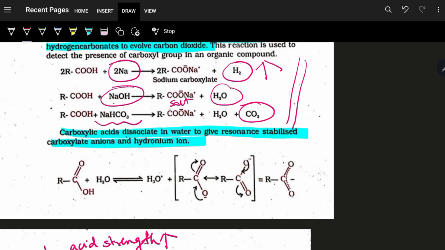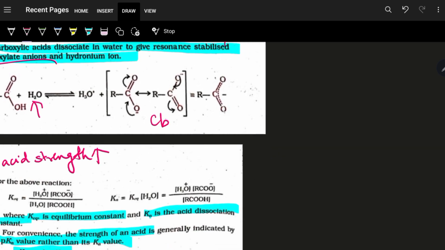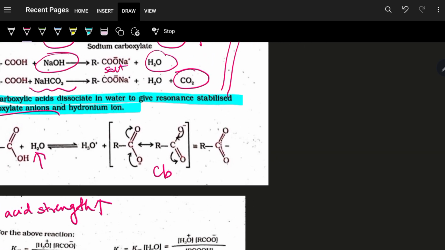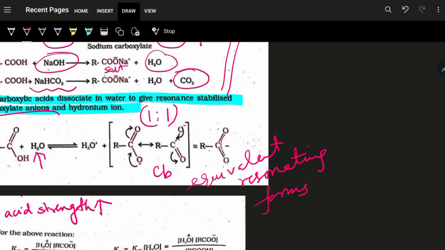Carboxylic acid dissociates in water to give what? The conjugate base, which is known as the carboxylate ion. This carboxylate ion is resonance stabilized, and please see it forms two equivalent resonating forms. As it forms two equivalent resonating forms, the contribution of each resonating form to the original structure is the same, we can say 1:1.